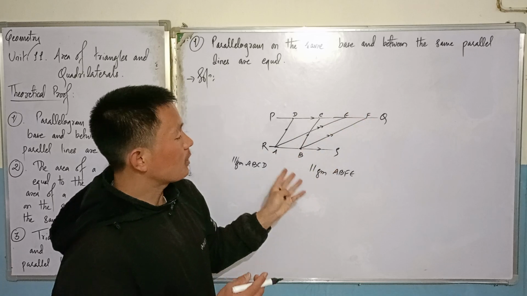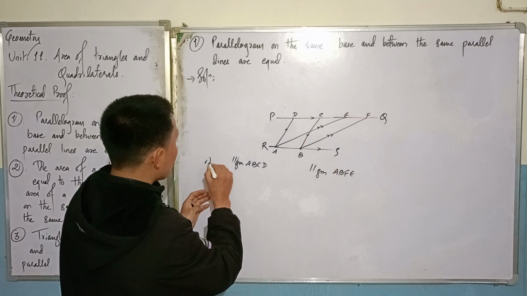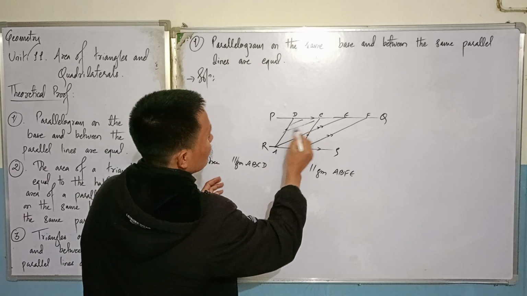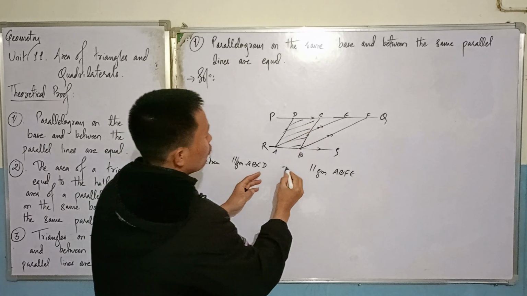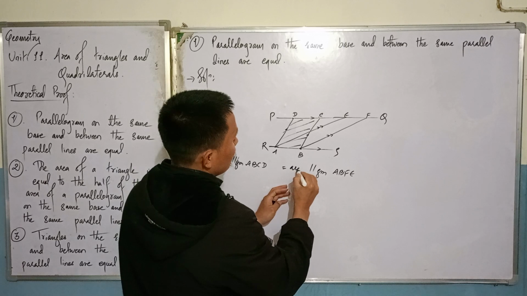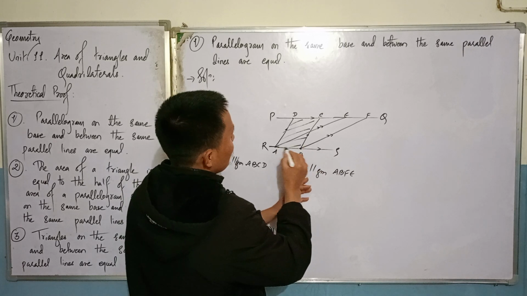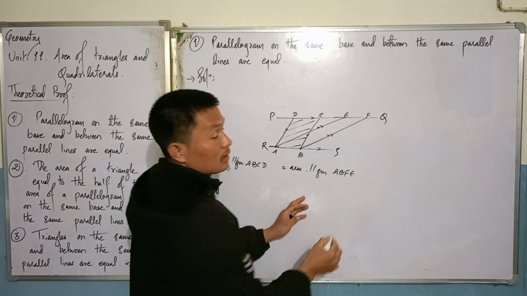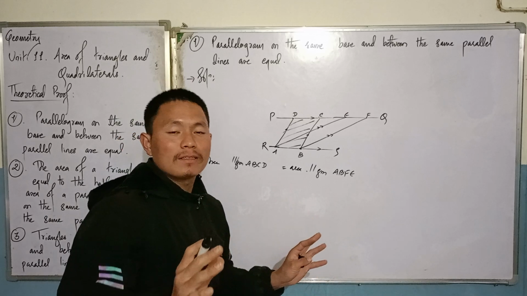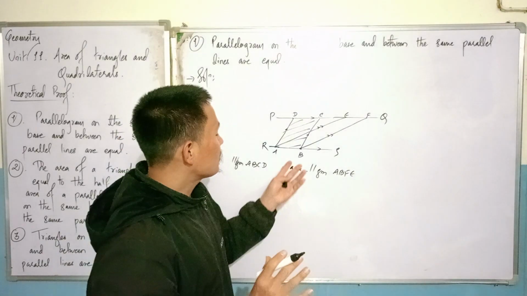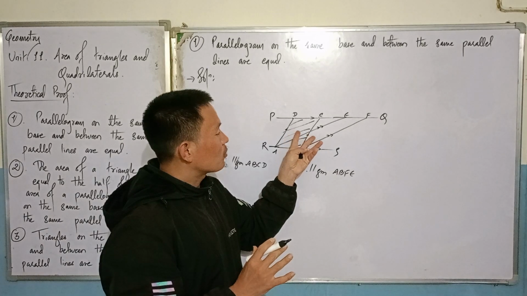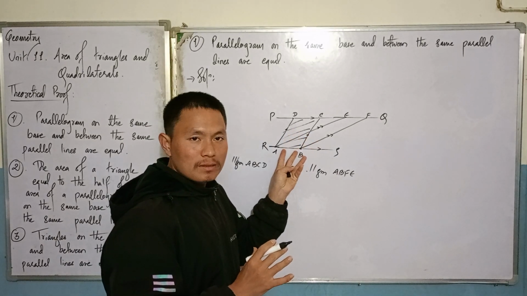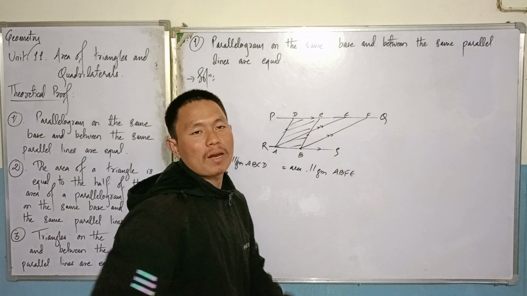In this case the area of parallelogram ABCD will be equal to the area of parallelogram ABFE. The condition is that both parallelograms have to be on the same base and between the same parallel lines.